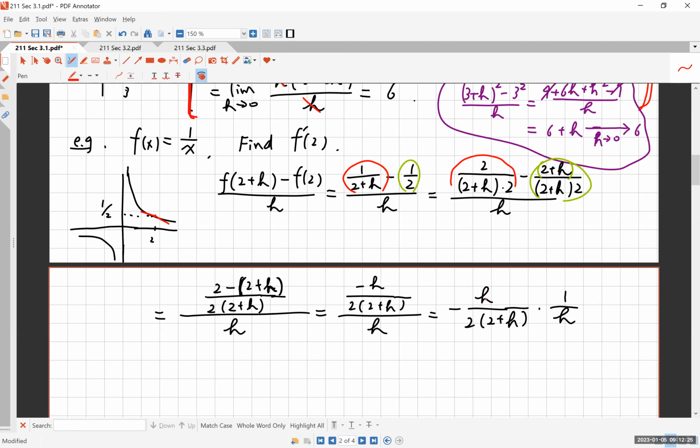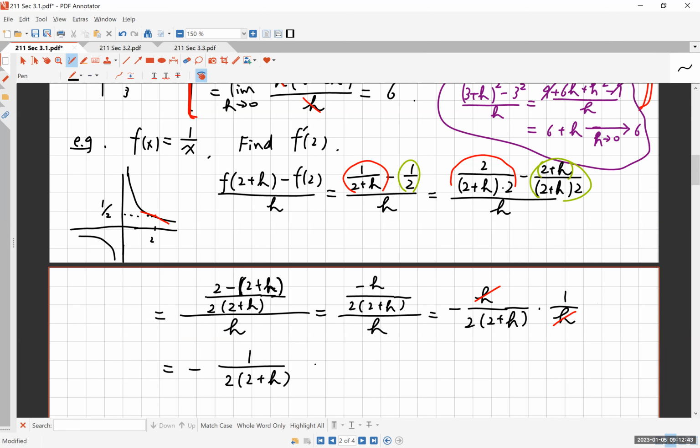The reason I write it this way is because now it's easy for you to see that h can be canceled, right? All right, so the difference quotient is going to be -1 over, should I just go ahead and write 2? Yeah, I don't have to really multiply this out.